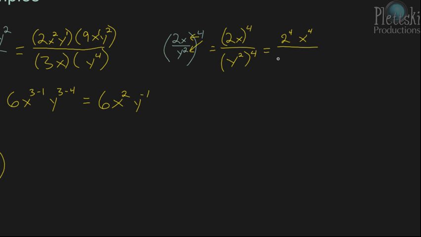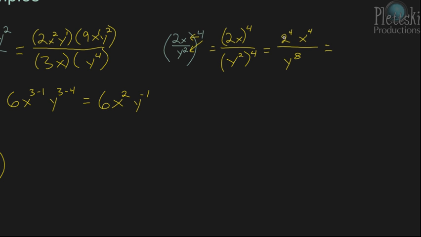And that goes over, well, y squared to the 4th. In this case, we're going to use the power of a power rule and just multiply the two exponents. So 2 times 4 is going to give us 8. Okay, so now we have 2 to the 4th times x to the 4th over y to the 8th.